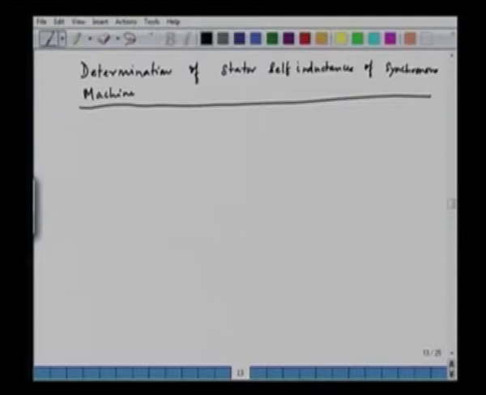Now, we can find out the self inductance, and to be able to do that, let us first try to understand how the inductance is calculated. We have three different phases: phase A, phase B, and phase C, and the rotor is a salient pole structure.